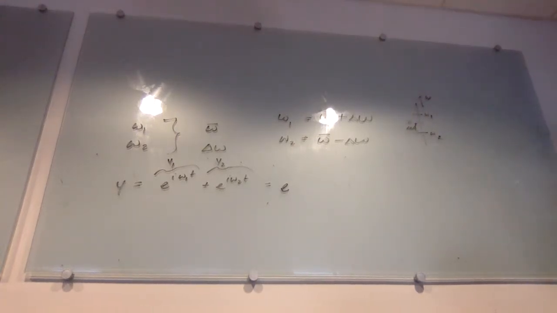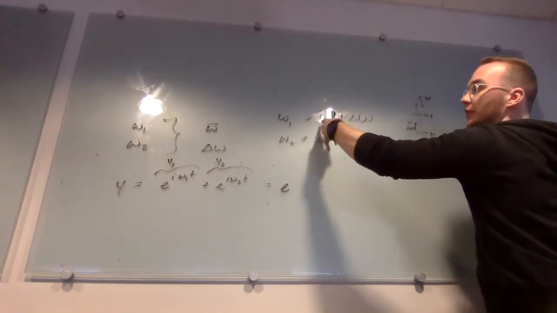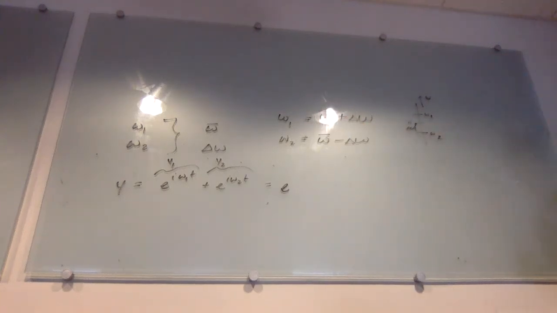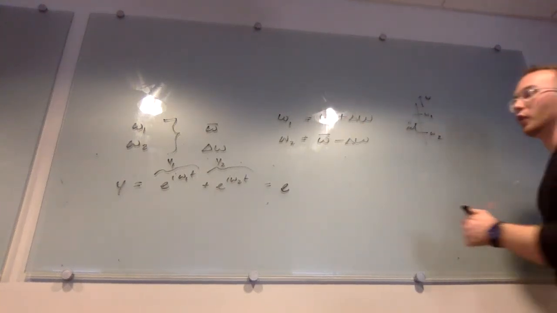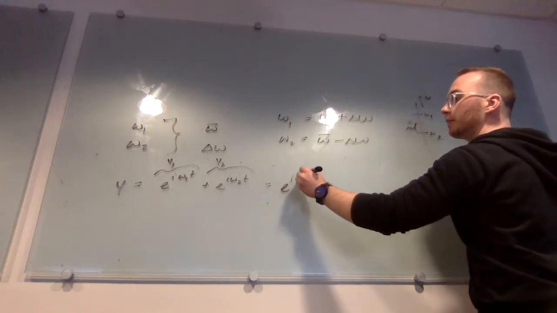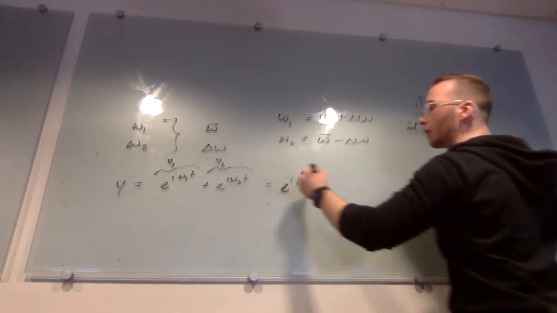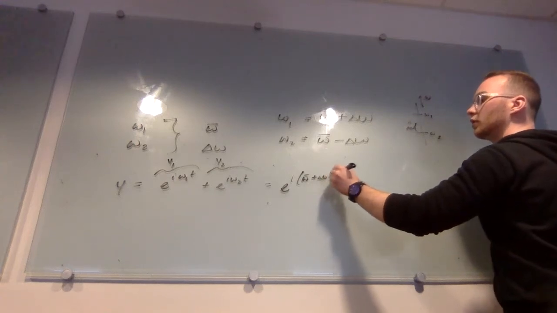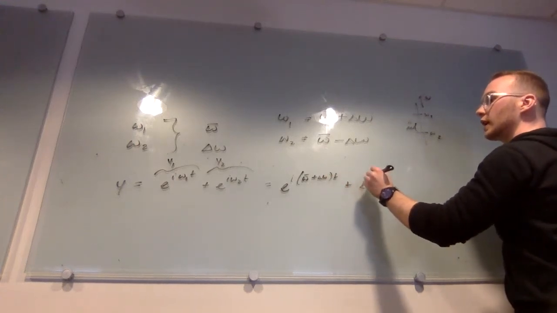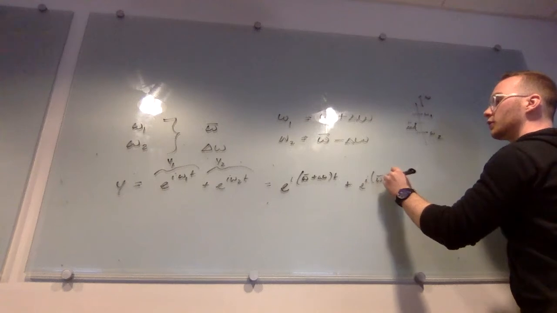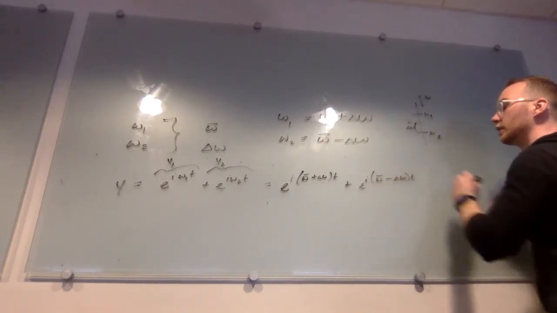Now, the reason we're doing this is because both of these variables have a common factor in them, and that'll be really useful. So now if we write, e to the i omega average plus delta omega t plus e to the i omega average minus delta omega t.